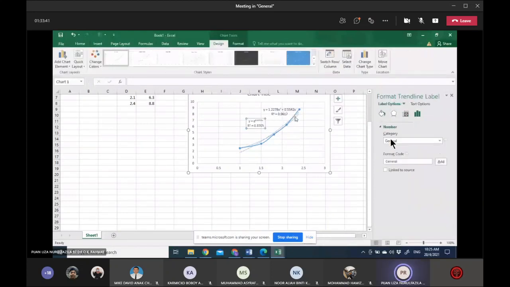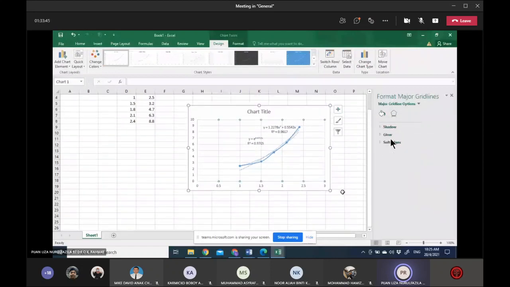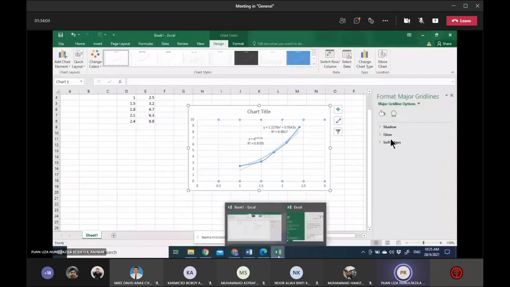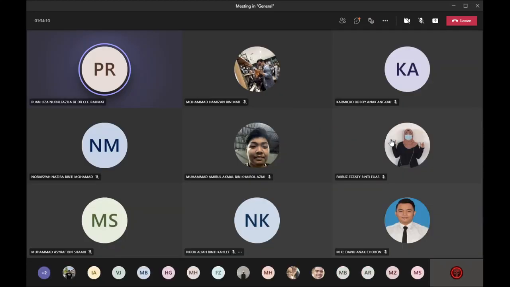Okay, so you see, exponential, you have 0.9705 for R squared. And for the quadratic equation, you have 0.9617. So exponential is a better fit. Fit maksudnya lebih padan lah. Okay, so that is an example of interpolation.